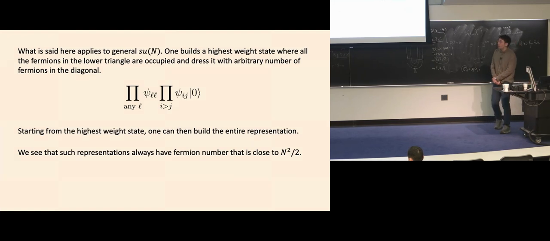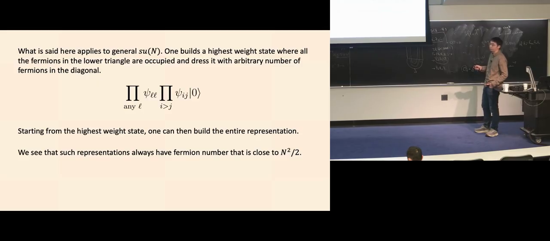So in short, what I just described to you, this construction applies for general SU(N). The idea is that one will build a highest weight state where all the fermions in the lower triangle of the matrix are occupied, represented by this expression over here. And then we can dress it with an arbitrary amount of fermions along the diagonal.